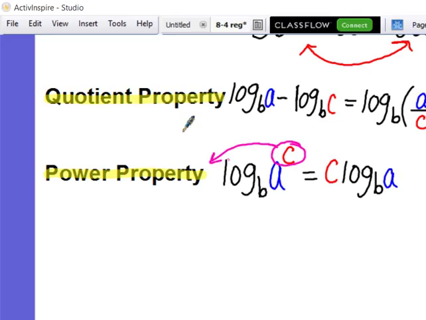So you're multiplying it to the entire log. Because you take the power and multiply it in front instead of having it as a power. So if we were to go backwards, if we saw c log to the base b of a, since c is multiplied in front, before it used to be a power, so we put it back up here.